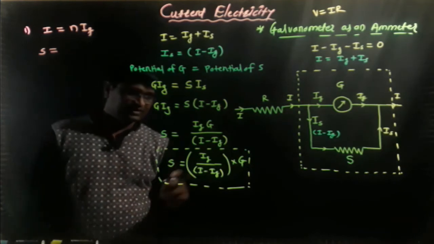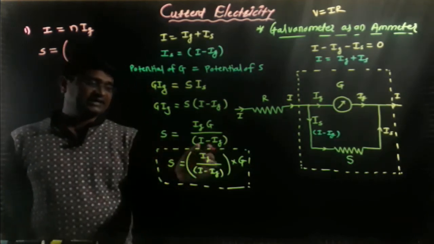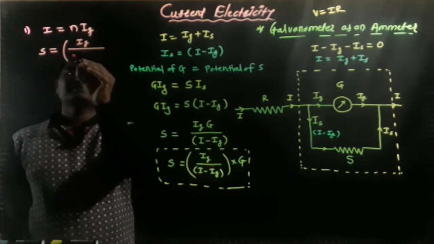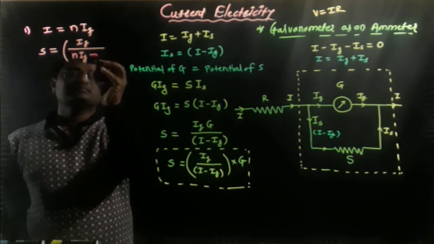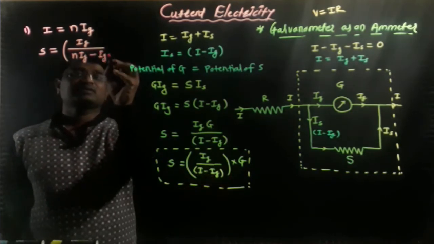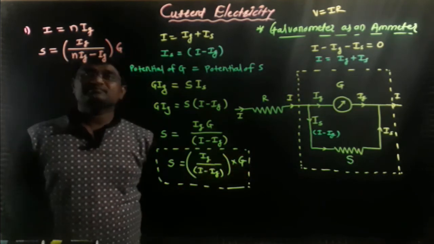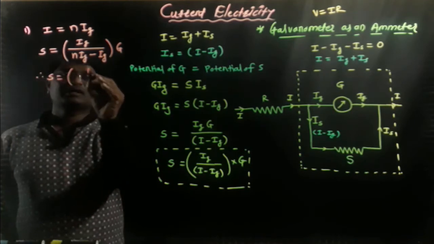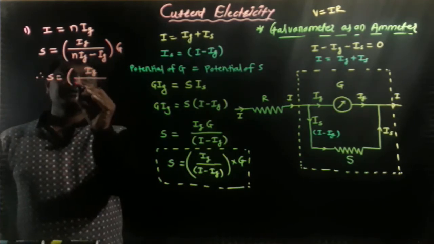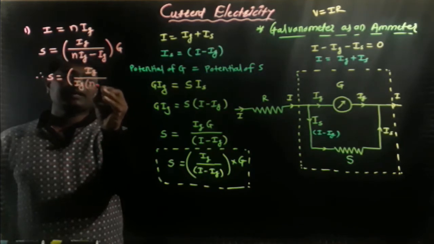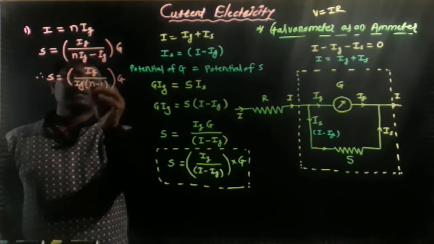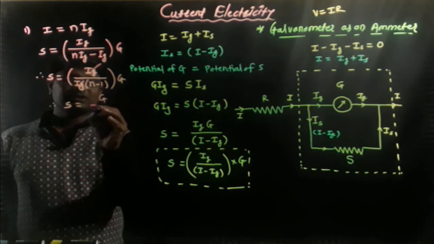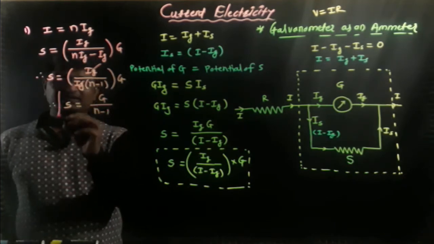S is equal to Ig divided by I minus Ig, into G, where I is n Ig. So S is Ig divided by n Ig minus Ig, into G. Ig is common, so S is equal to Ig whole divided by Ig times n minus 1, into G. Ig cancels, so we find S is equal to G upon n minus 1.